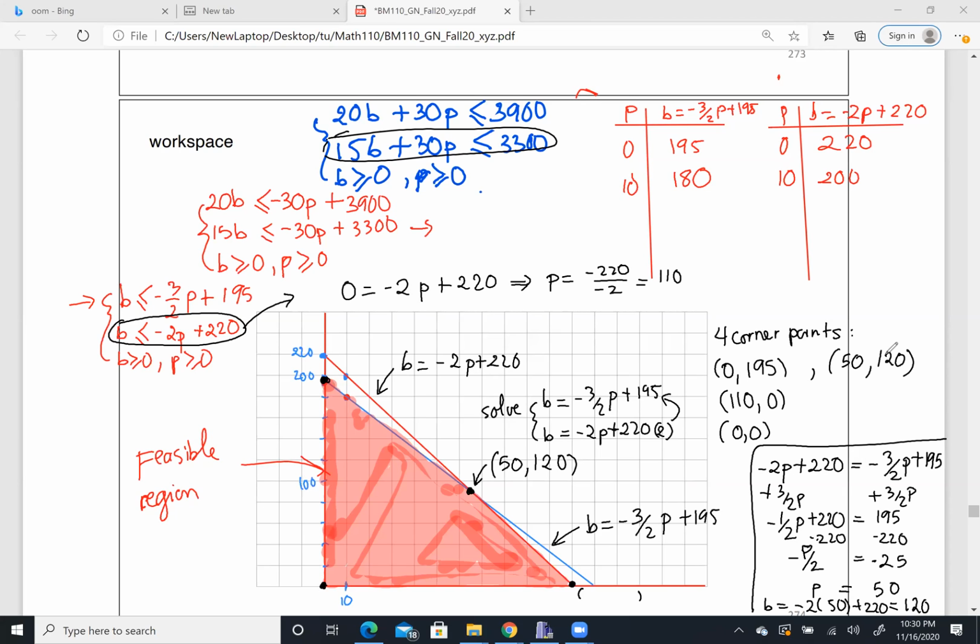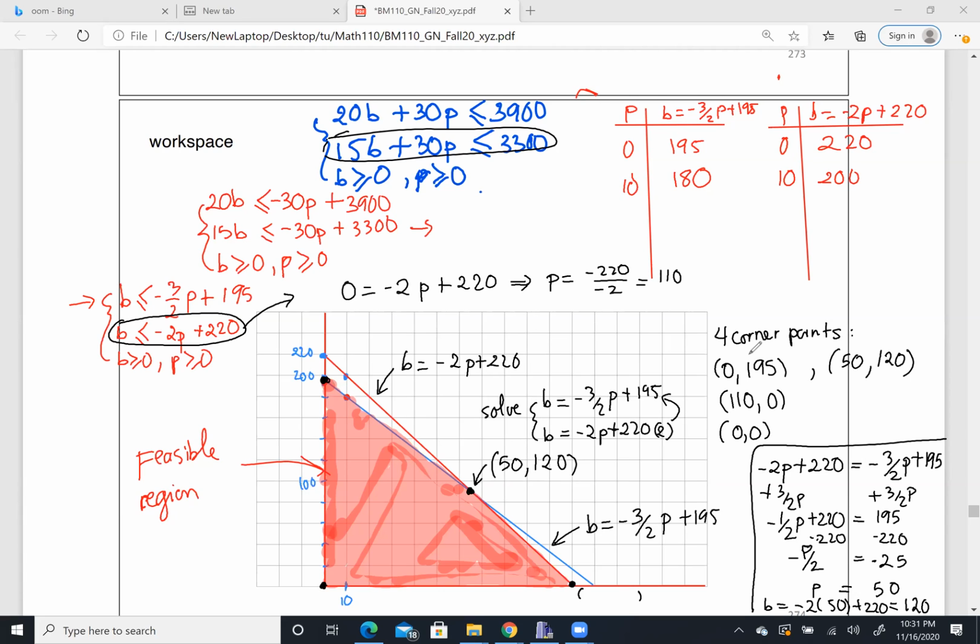Okay, now what we need to do for this problem is substitute all these corner values into the objective function, and whichever gives us the maximum is going to be the answer.